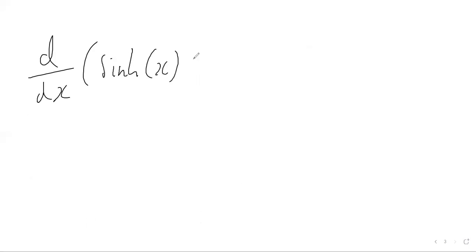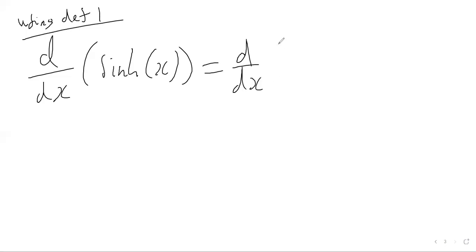So what we want to do in this video is differentiate the hyperbolic sine function. Using definition one, this is just the same as differentiating a half of e to the x minus e to the negative x.